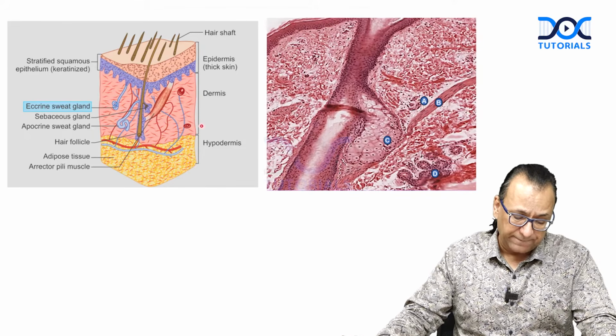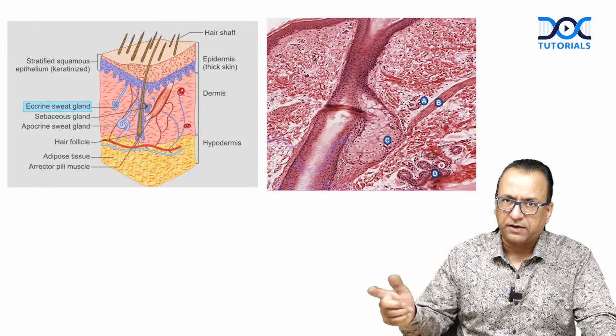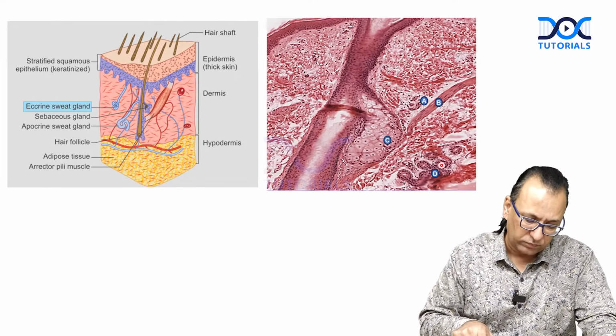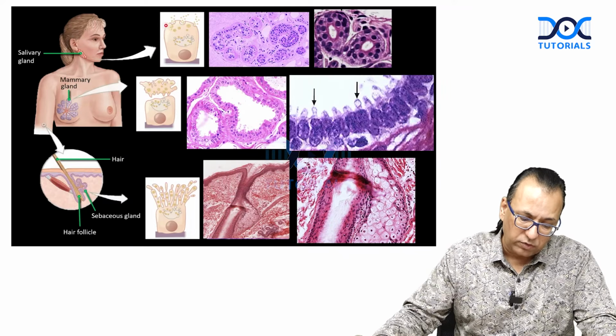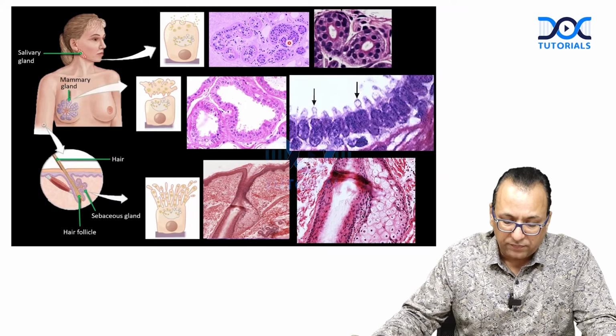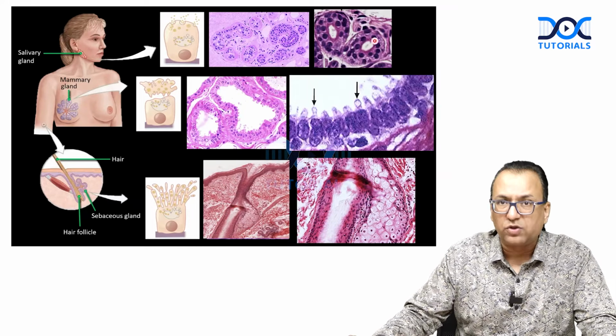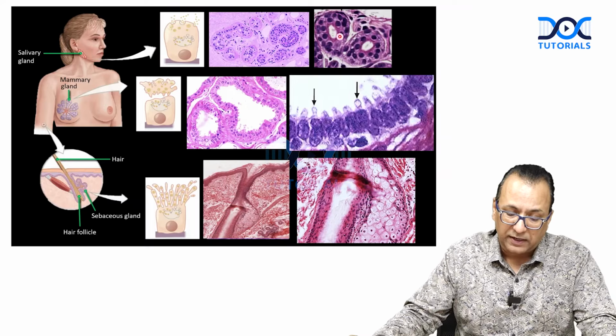Now, if you compare the two histologically, what is the difference we have seen? Let me repeat it again. If you're talking about the merocrine or eccrine type of sweat gland, as you magnify, the lumen is intact. There is no break in the lining of the lumen. Lumen is smooth lining. This is the eccrine or merocrine variety of sweat gland.